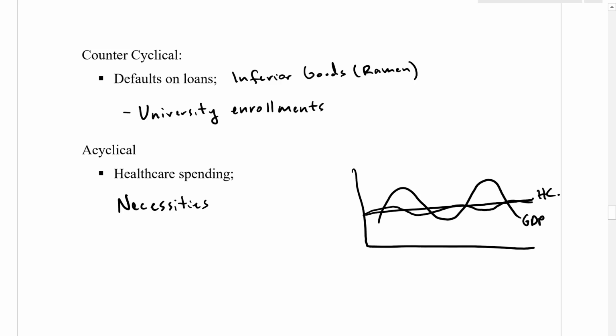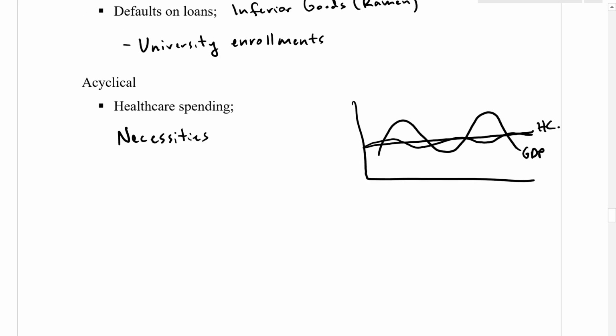As a silly example to provide the idea, take days in a year. It doesn't matter how well GDP is doing, there are going to be 365 days in a year, plus a leap year every once in a while. But that's the idea there: necessities, things that are addictive.